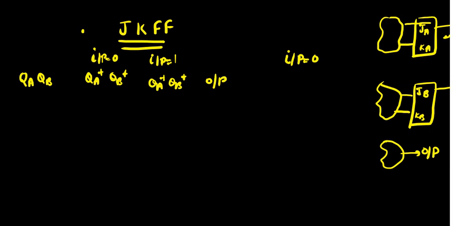So when our input is 0, we know the excitation that we should move from QA to QA plus. So what type of JA, KA will give you this, and JB, KB? So we move from QA to QA plus. We have to see that JK requirement: what JK would you use to move from QA to QA plus?